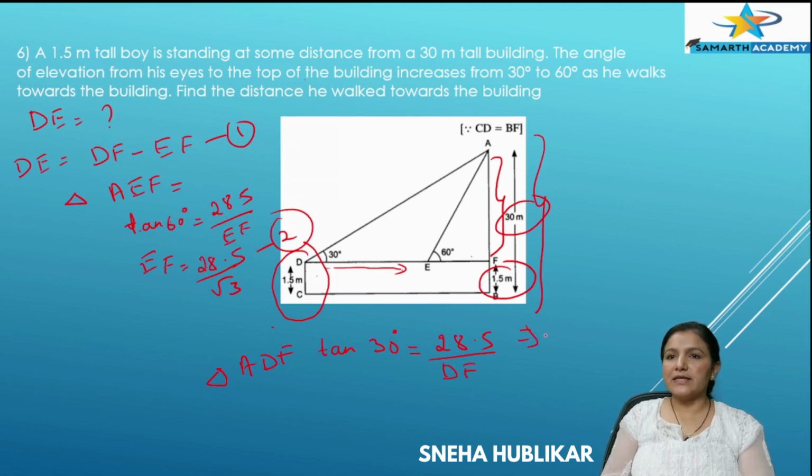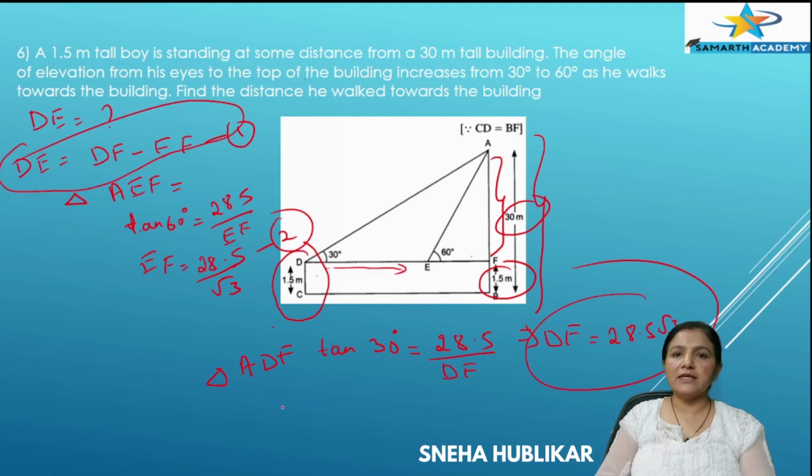This implies DF is equal to, tan 30 is 1 by root 3, so 28.5 into root 3. DF is equal to 28.5 root 3. So we will find this DE. DE is equal to DF, that is 28.5 root 3 minus EF, which is 28.5 by root 3.